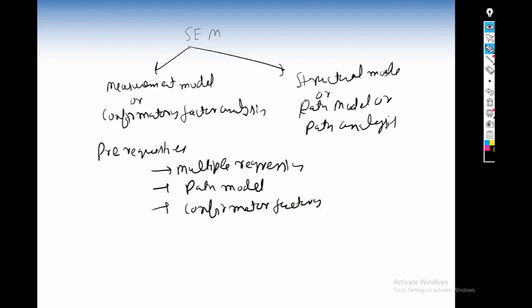Now, what is multiple regression analysis? We know that multiple regression analysis is, for example, y1 equals beta 0 plus beta 1 x1 plus beta 2 x2 plus beta 3 x3 and so on, plus an error term.